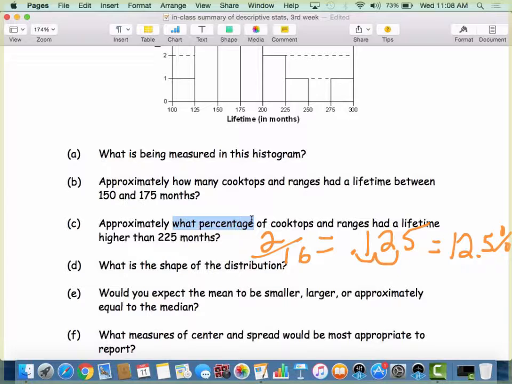Look, the top number was how many fit that requirement. That was our favorable outcome. Okay, we're looking at 2 out of the 16 made it past 225 months. Then you got to go further and make it into a percentage.